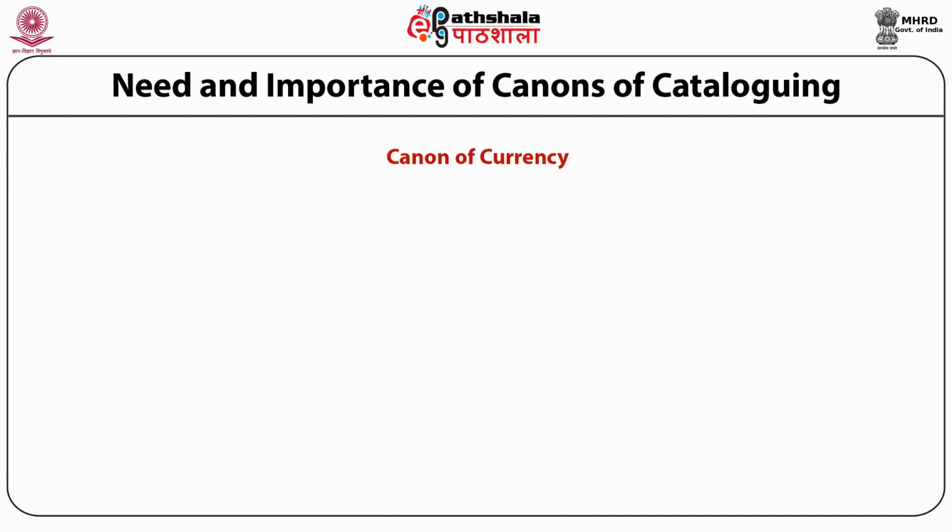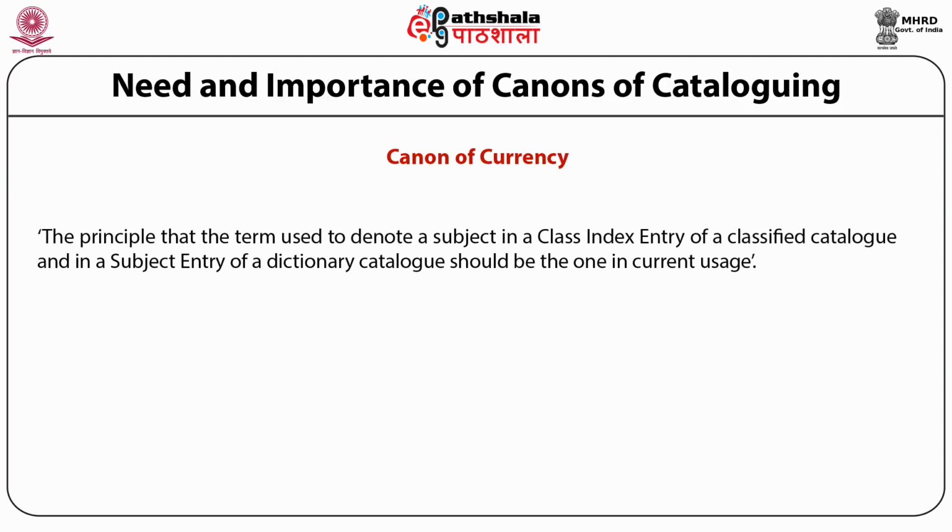Seventh canon is Canon of Currency. This canon prescribes the principle that the term used to denote a subject in a class index entry of a classified catalog and in a subject entry of a dictionary catalog should be one in current usage.